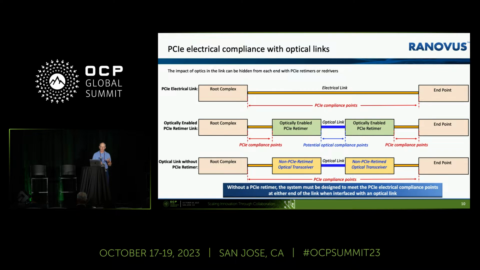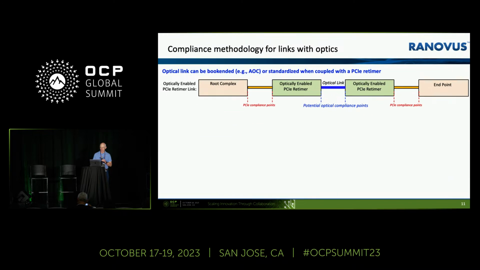Now on the bottom, to get better energy efficiency, you could try to remove the retimer out of the link, and so now you have what I would call a non-retimed or maybe a partially retimed transceiver in there. But now the PCIe compliance points go back to the endpoint and the root complex. So this is a conundrum in terms of standards: how do you define this and make sure it's interoperable across a number of suppliers.